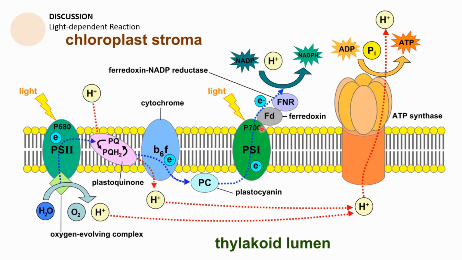It will be facilitated by ferredoxin and by an enzyme called ferredoxin NADP reductase, so that this electron is going to be attached to NADP and turn it into NADPH. Okay, so it will be attached to NADP, allowing it to bind with an H, hydrogen ion, so that NADPH is going to be produced. So this NADPH is the first product of the light-dependent reaction.